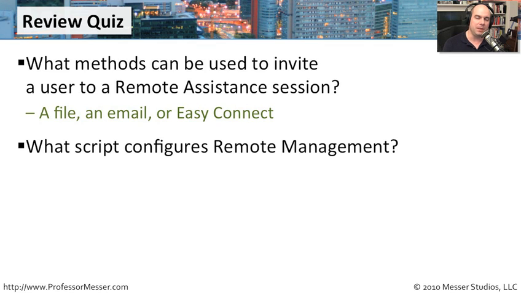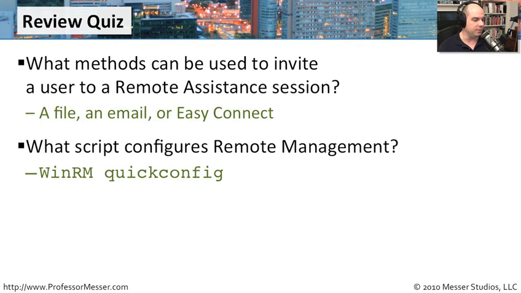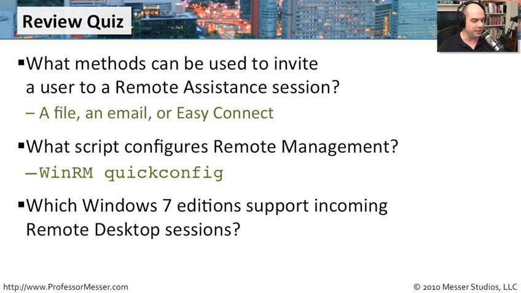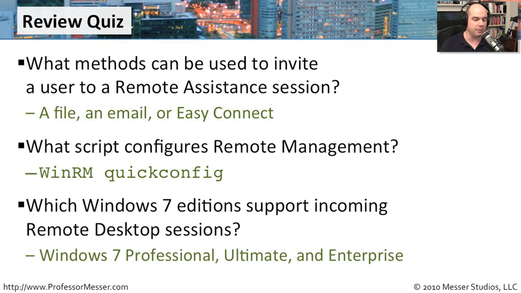If you recall, there was something we needed to run first before we were able to run remote scripts on a machine, and that was WinRM quickconfig. And the last question, which Windows 7 editions support incoming remote desktop sessions? Not all editions do. You have to at least be running Windows 7 Professional, Windows 7 Ultimate, or Windows 7 Enterprise to be able to have that remote desktop incoming session work on that machine.